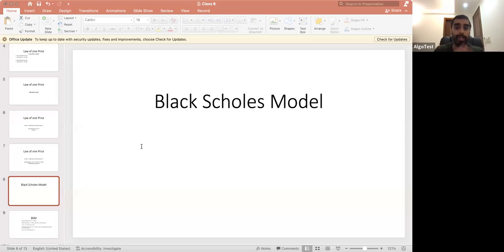So their insight was, forget about this for now, right? We just talked about the law of one price. We said that two things that have the same cash flow at some point in the future should have the same price today.